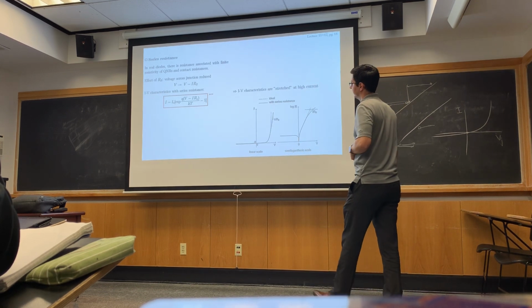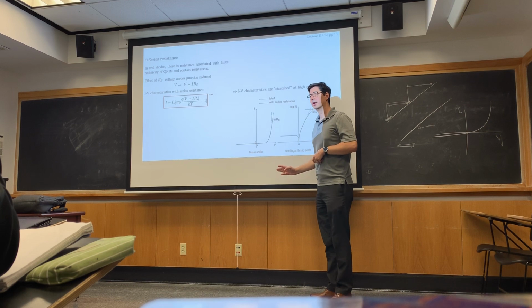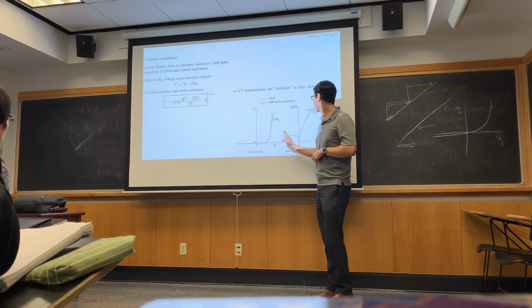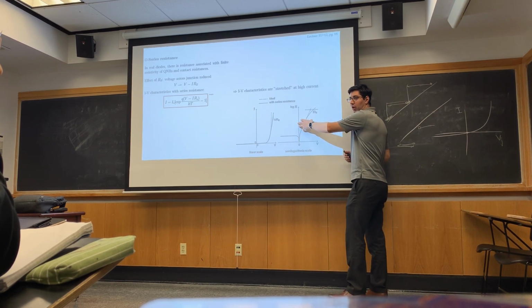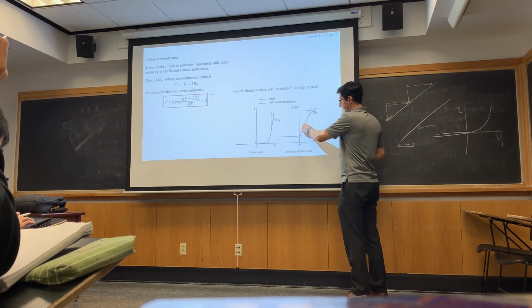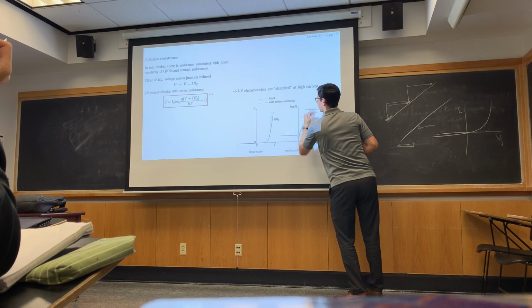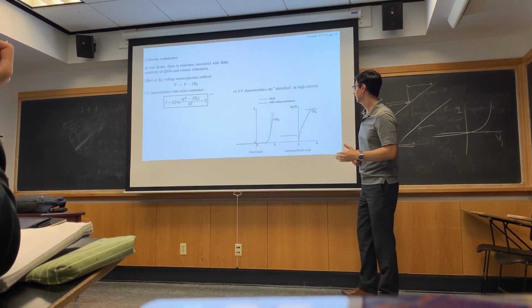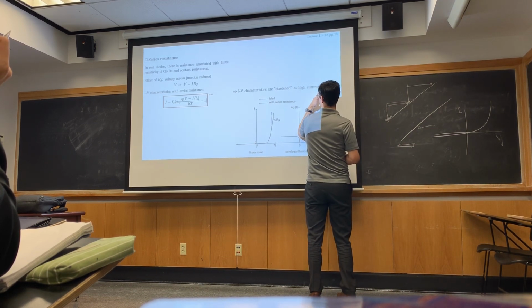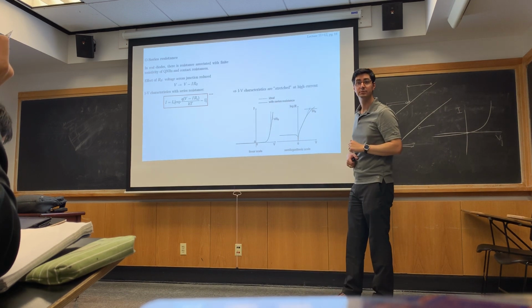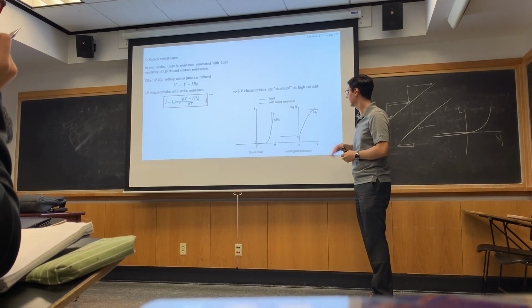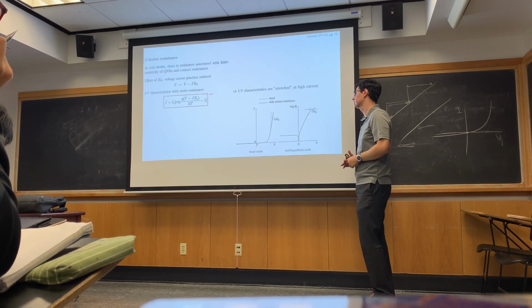So what does this do? This really only impacts the curve. It's better to look at the log scale here. Nominally, my device is increasing exponentially, 60 millivolts per decade, and this is a perfectly straight line on a log scale, because an exponential on a semi-log scale looks like a straight line.